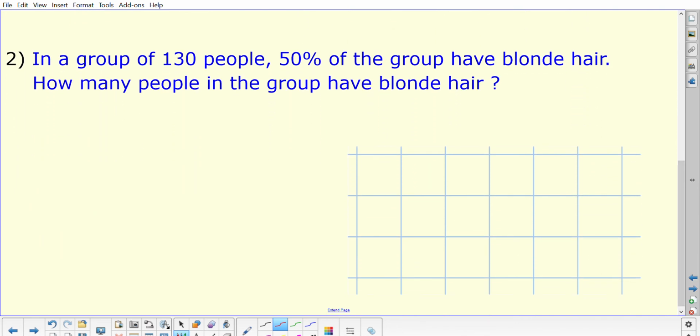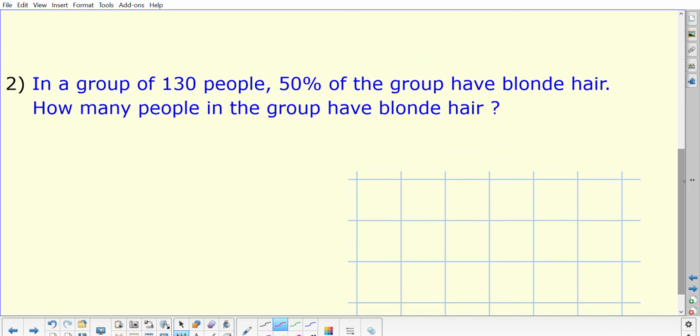This question here is a wordy question. You've got that in a group of 130 people, 50% of the group have got blonde hair. How many people in the group have got blonde hair? So what you'd first of all write down is we're trying to work out, so there's our percentage, it's 50% of this 130 people that we've got here.